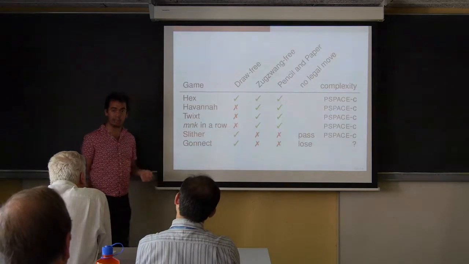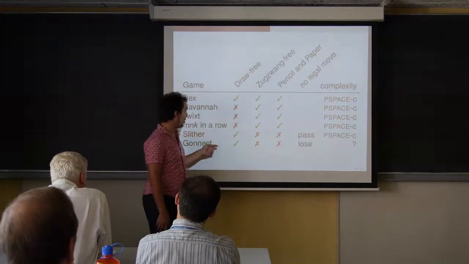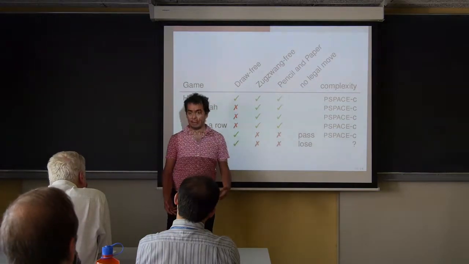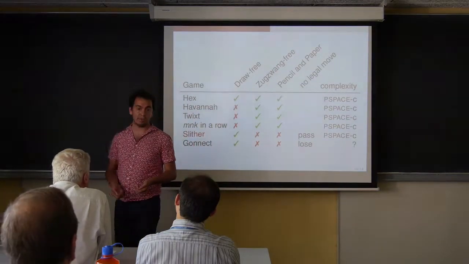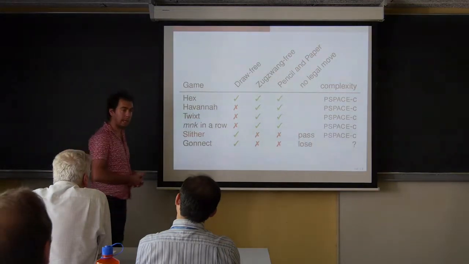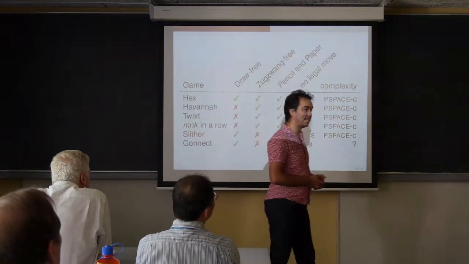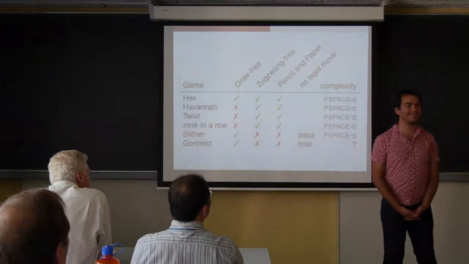It's a direct sequence. And there can be zugzwangs, and it can't be played on pencil and paper because of the captures. The complexity of Bonnet is not known yet, so that would be a possible research question if someone was interested in complexity theory. Thank you very much.